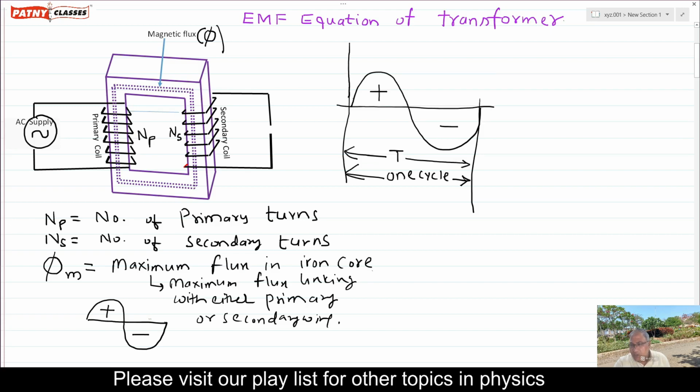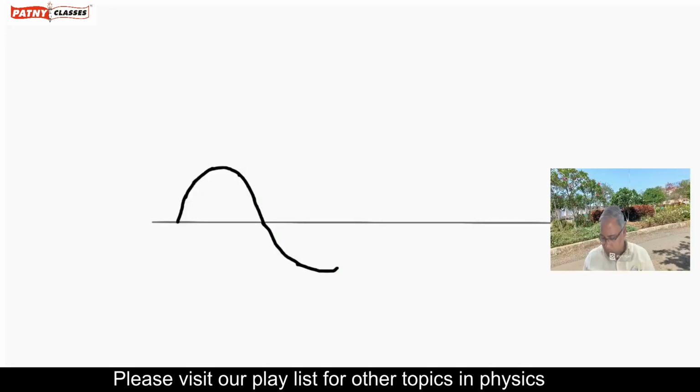And we can draw the graph for flux, or we can draw the graph of current, or the same graph can be drawn for the EMF developed in the winding. Here I have shown you a sinusoidal wave in slow motion. It becomes maximum and reverses the direction.